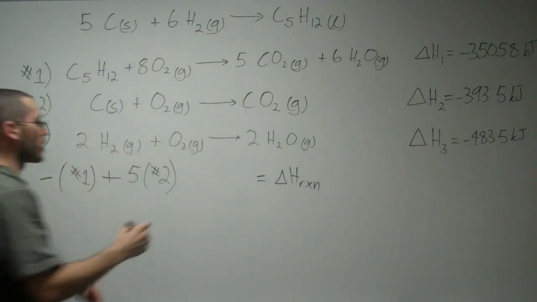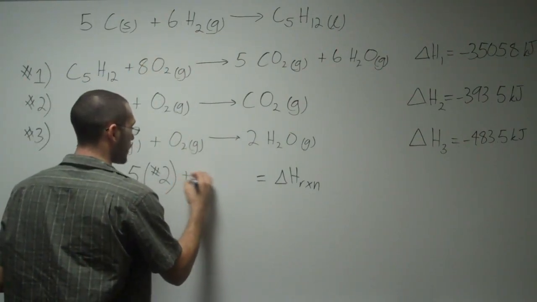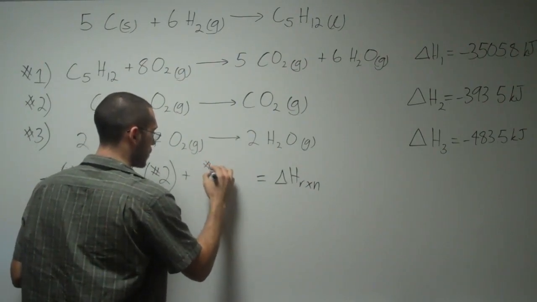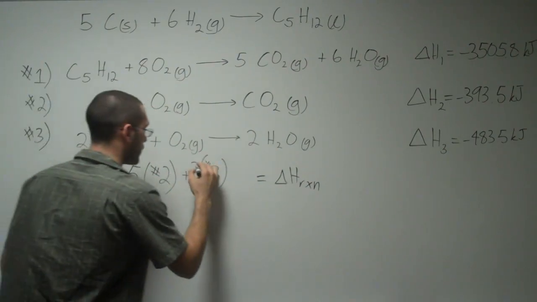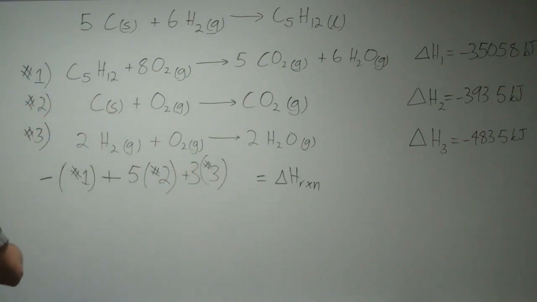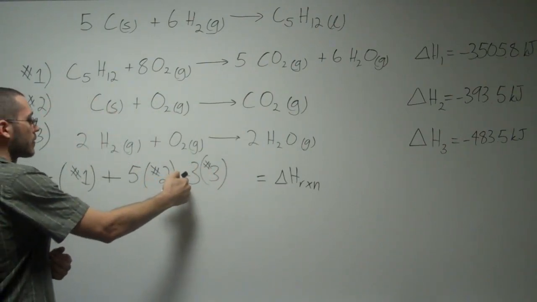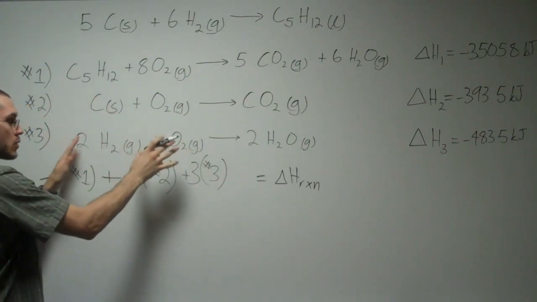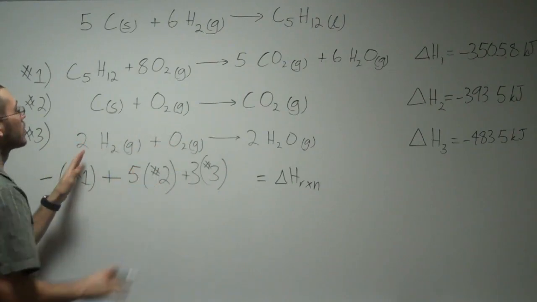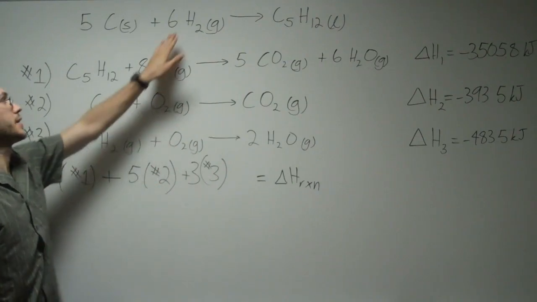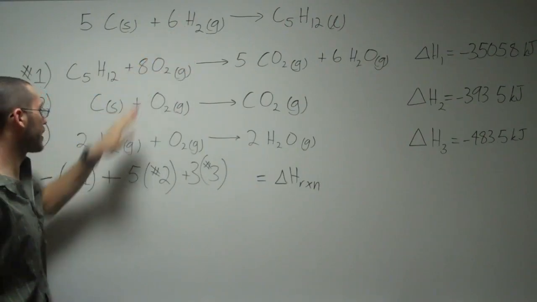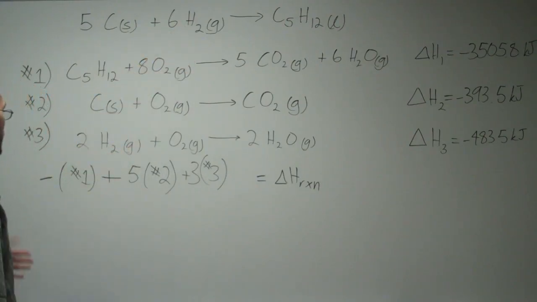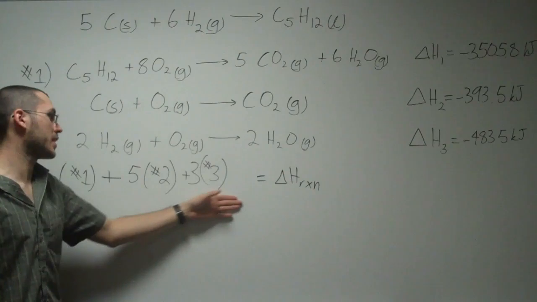So I need to multiply equation 3 by 3. Seems easy enough. I have a plus sign here because I want to keep this equation right where it is. I don't want to flip it because H2 is on the reactant side here in the equation I'm trying to make, and here. Okay, there we go. This is my plan of action.